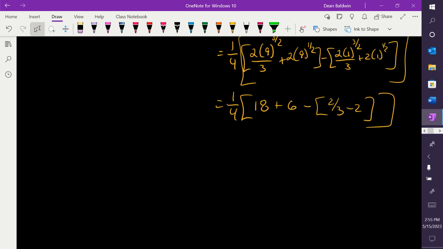How do you get 13? Because I saw that as a minus for some reason. What's 18 minus 6 though? It's 12. So 18 and 6 is 24. Negative makes that 2 positive, which makes it 26 minus 2/3.